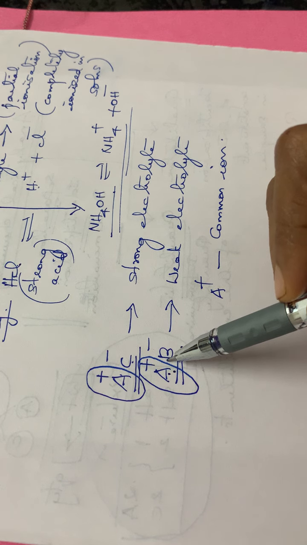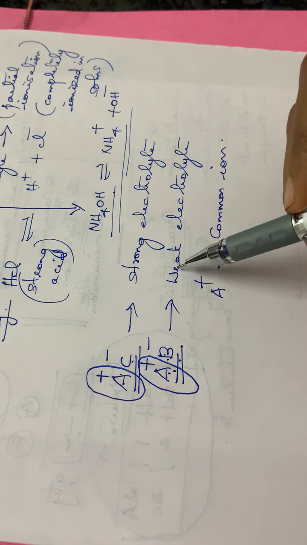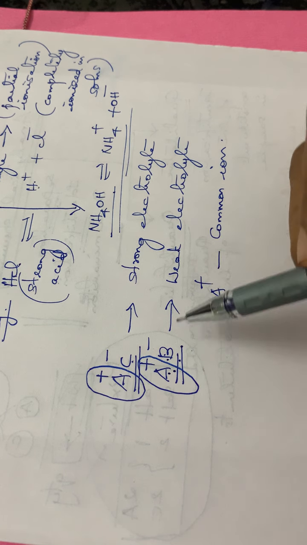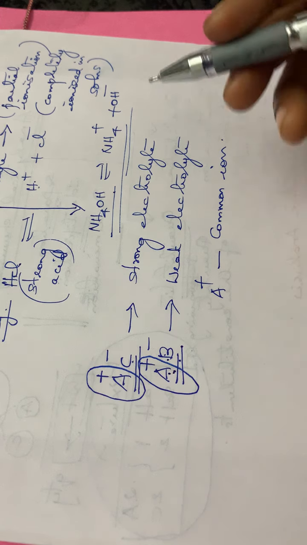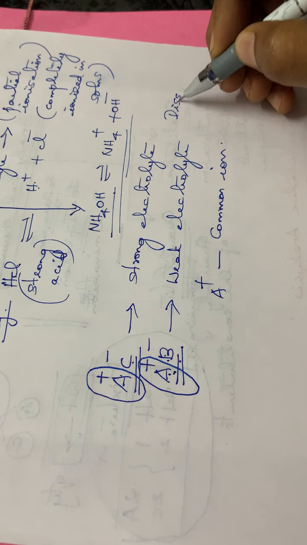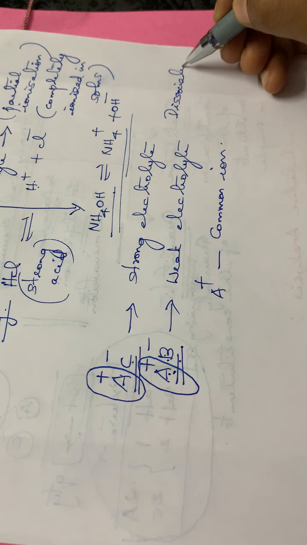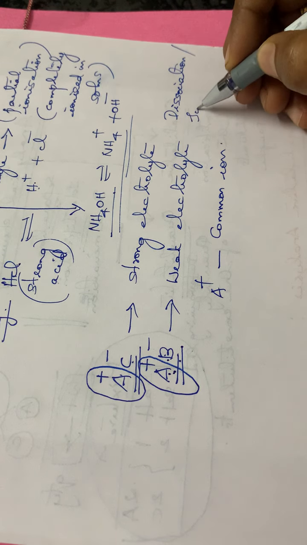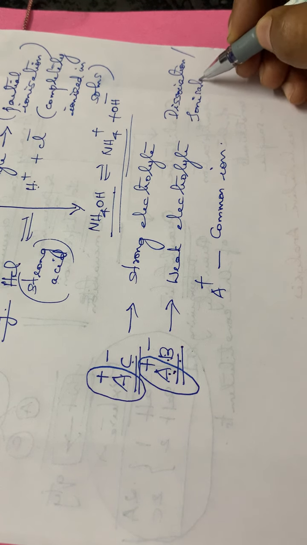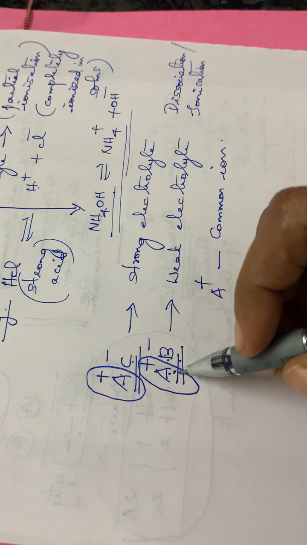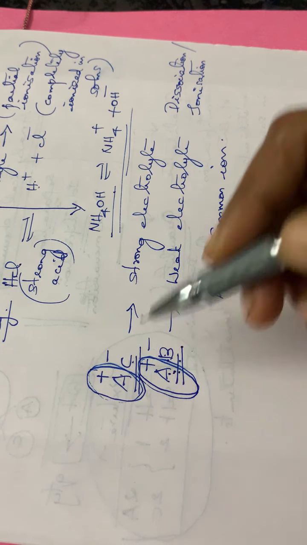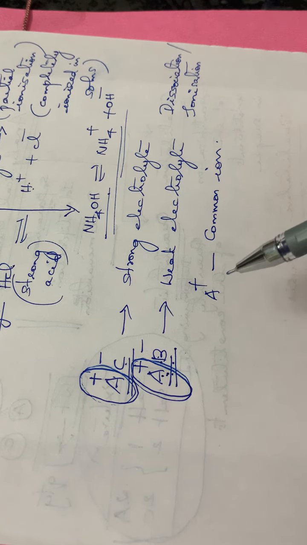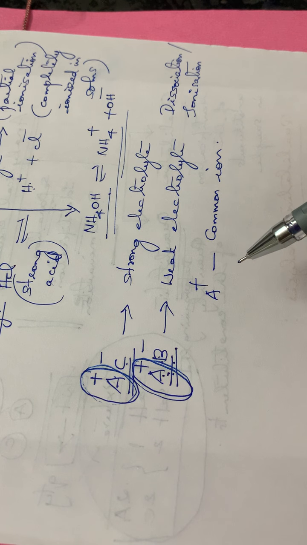The dissociation of the weak electrolyte, that is, it ionizing as A plus and B minus, dissociation or ionization, the words are synonyms, will be suppressed due to the presence of the common ion A plus. This phenomenon is called the common ion effect.